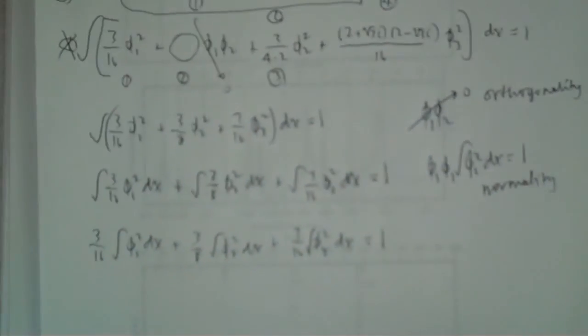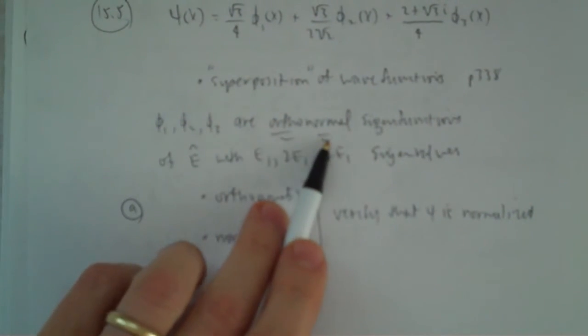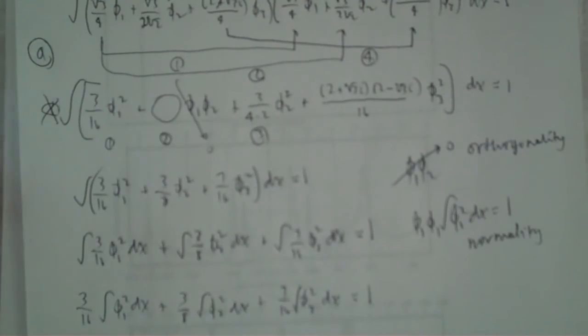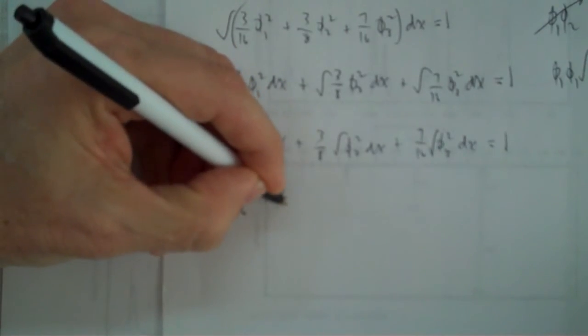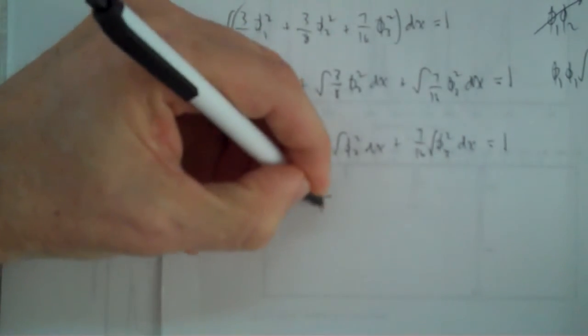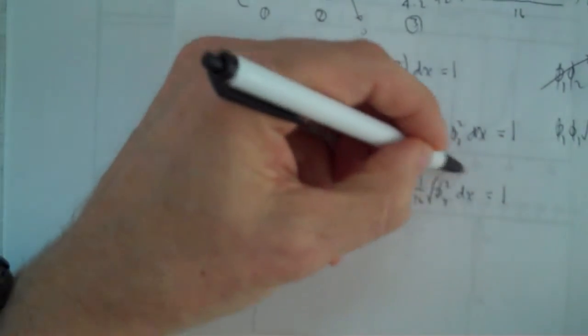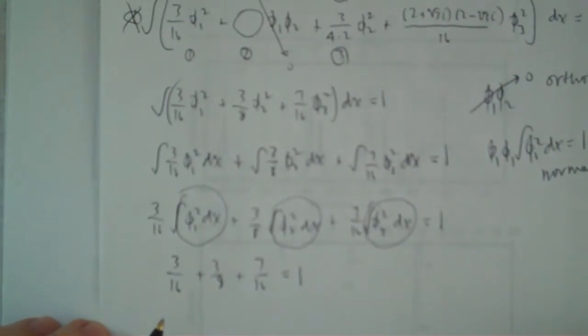These are normalized, because the question stem said they're orthonormal. Right? So, since they're normalized, then this goes to 3/16 plus 3/8 plus 7/16 is equal to 1, because that goes to 1, right? That's 1, that's 1, and that's 1.